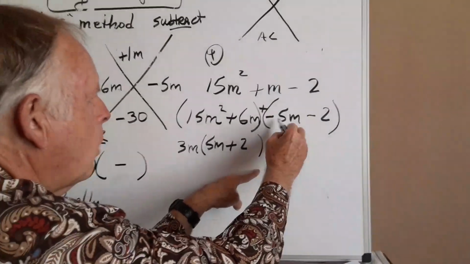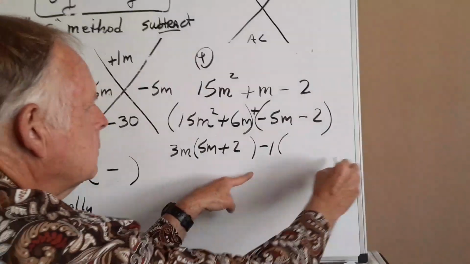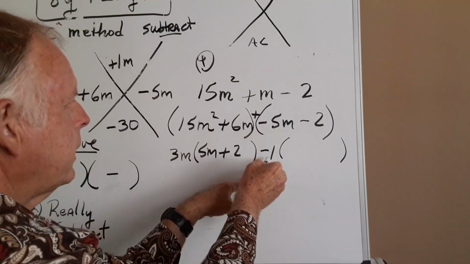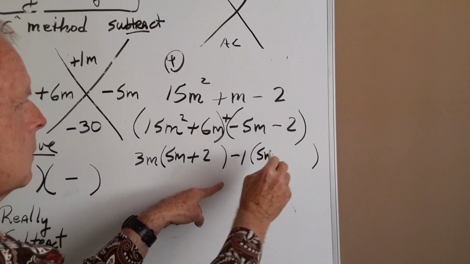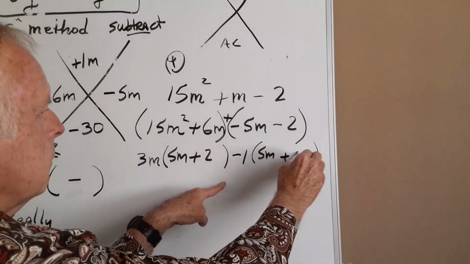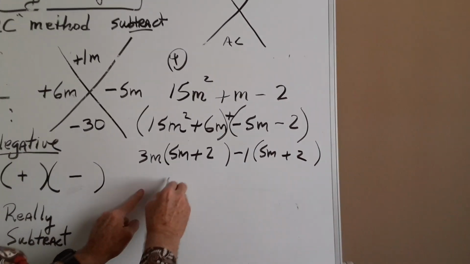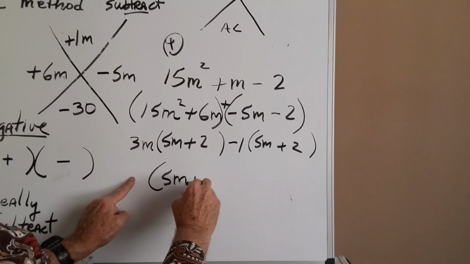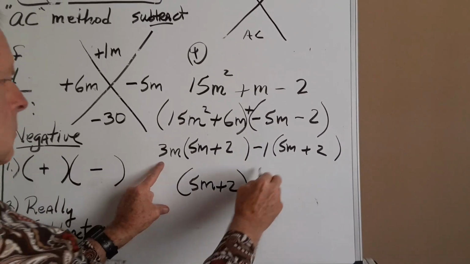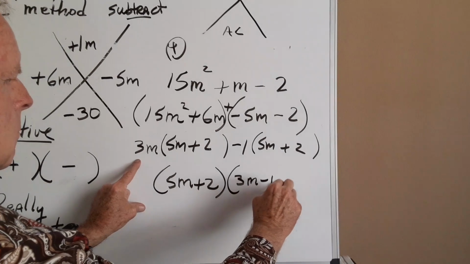They only have a 1. Negative 1. Negative divided by negative. Negative divided by negative. Winner. Wrap it up.